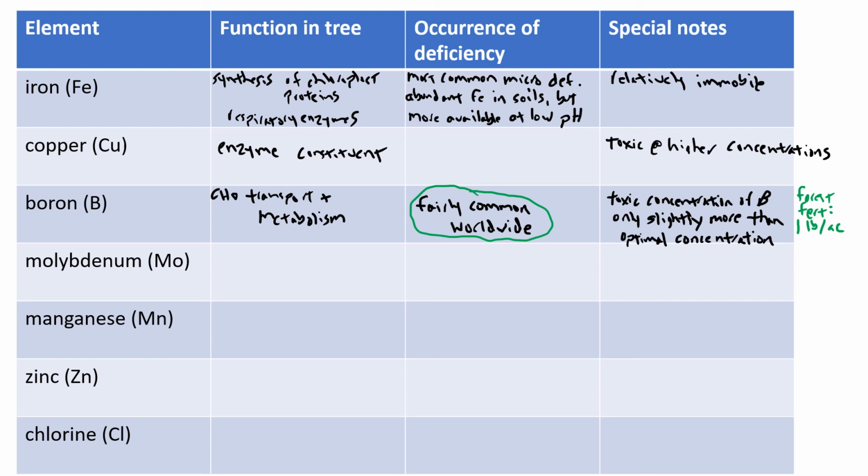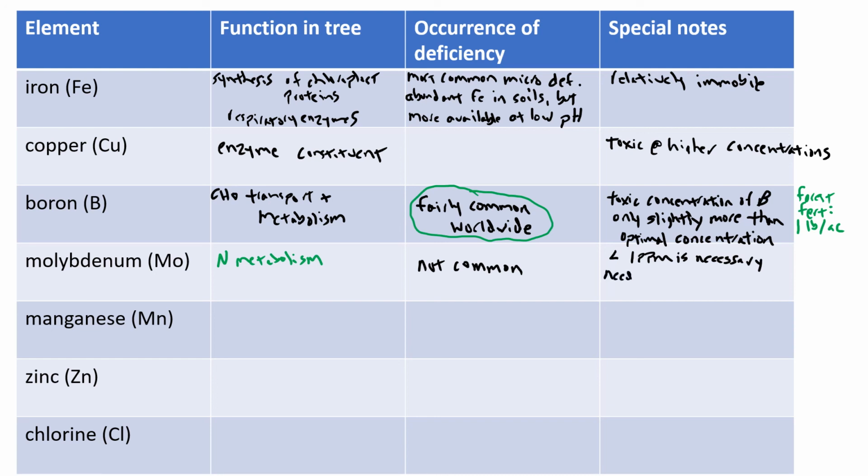Molybdenum is involved in nitrogen metabolism. And as far as we know, deficiency is not common in forest or orchard trees. And probably one of the reasons is that less than 1 part per million is necessary for optimum concentration.